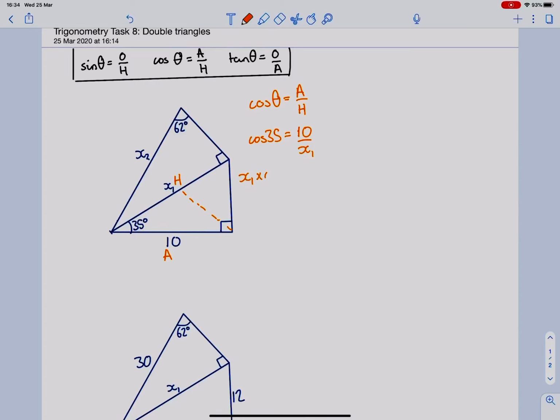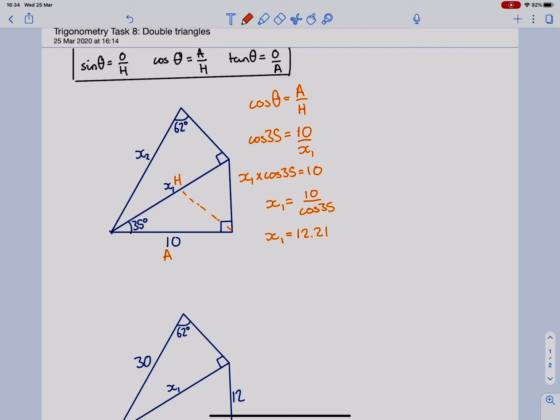So x1 times cos 35 equals 10. Then you've got to divide both sides by cos 35 to get 10 over cos 35. So x1 equals, type that into your calculator and you're going to get as an answer 12.21.